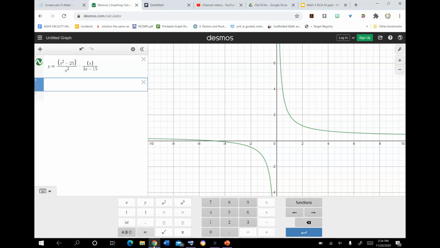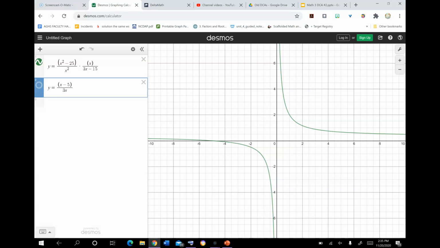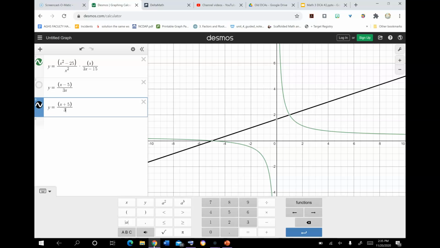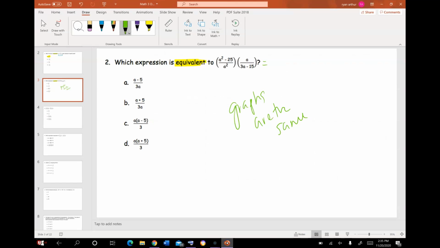Now I'm going to type answer choice A in: y equals x minus 5 divided by 3x. I've got two graphs going on here, so answer choice A is not it. We're going to unclick it and take the graph away. The next one was x plus 5, so y equals x plus 5 divided by 3x. I only have one graph, so guess who the answer is? B. So B would be my answer choice here.